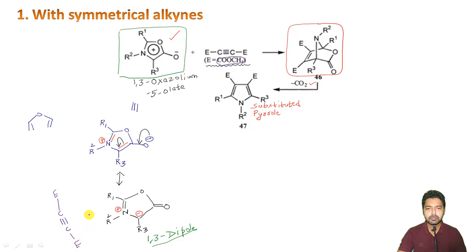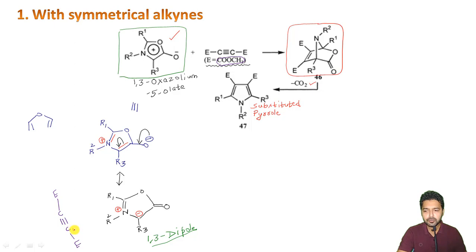And now do remember the mechanism here is of the concerted type. So bond making and breaking will be going on simultaneously, and I can show it like this. Because it is a symmetrical type of molecule, there are no issues of regioselectivity. I can show the interaction of any of these carbon atoms with the negative end of the 1,3 dipole, right?